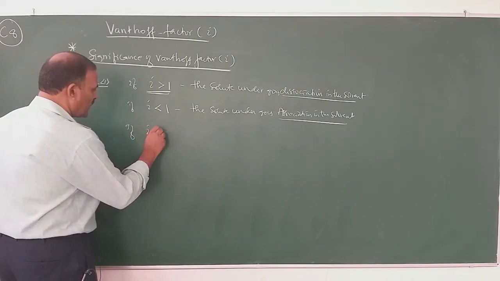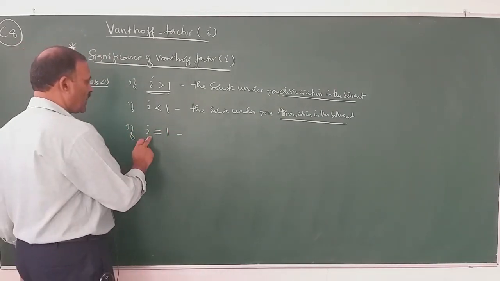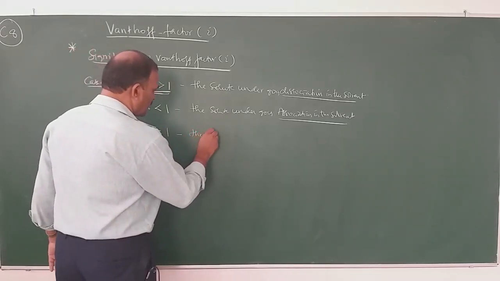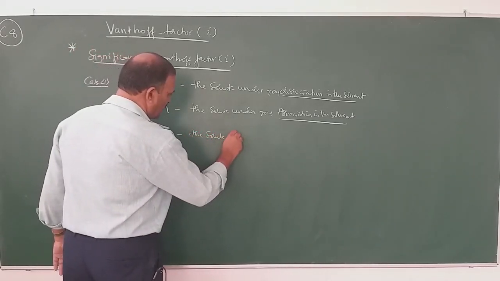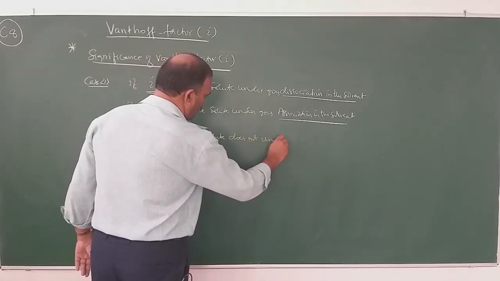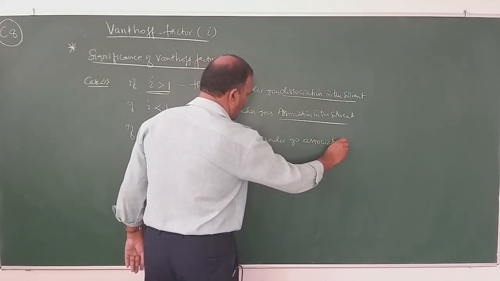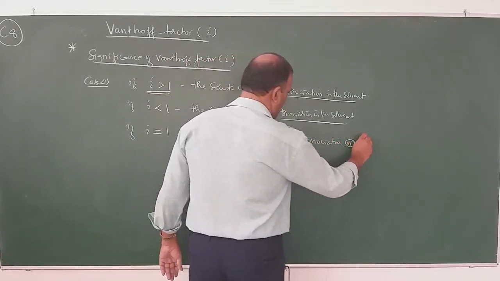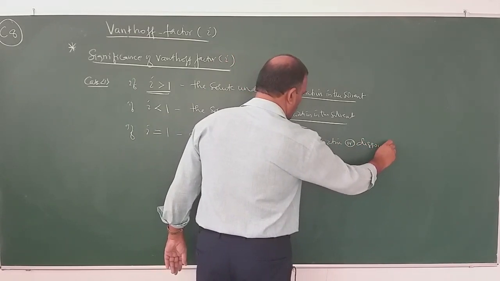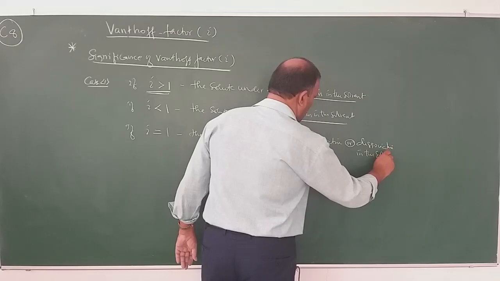So if i is equal to 1, what happens? When i is equal to 1, the solute does not undergo association or dissociation in the solvent.